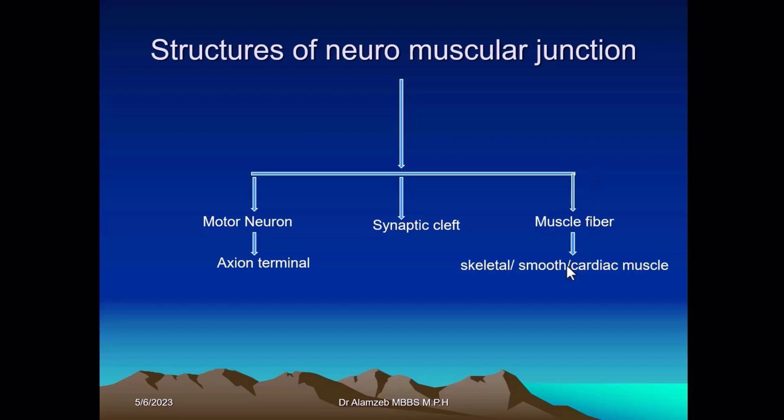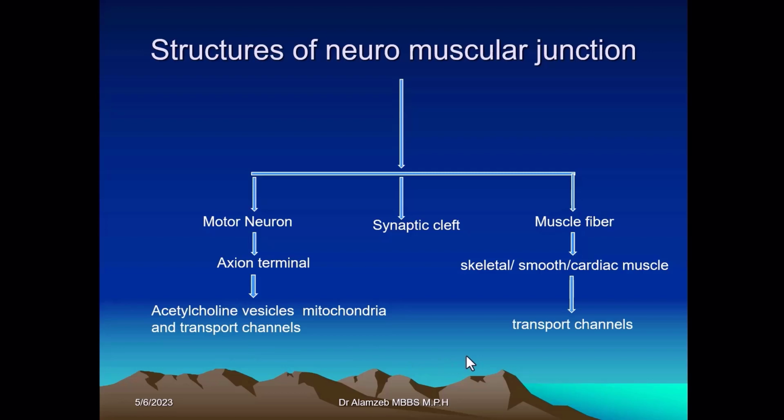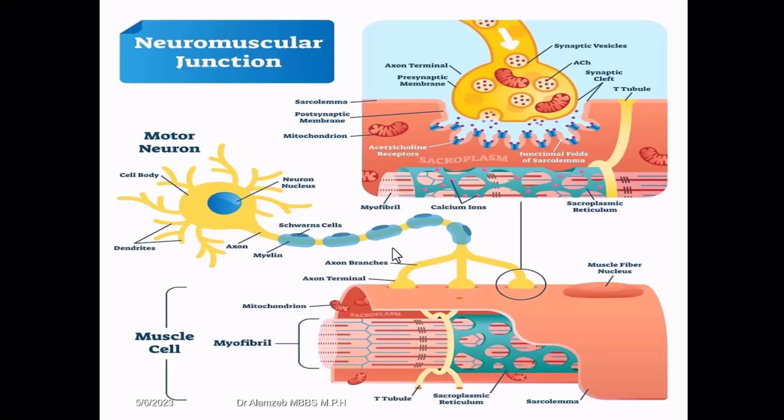The muscle fiber consists of skeletal muscle, smooth muscle, and cardiac muscle fibers. And the axon terminal contains acetylcholine vesicles, mitochondria, and transport channels, and the muscle also contains transport channels. This is the structure of the neuromuscular junction.